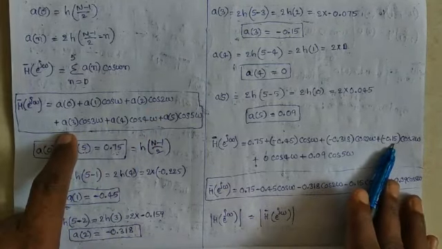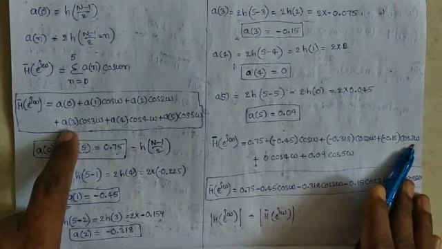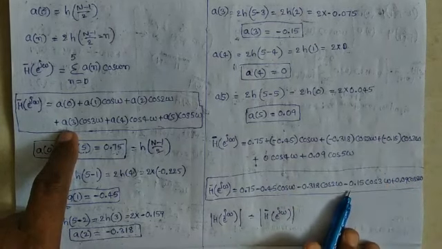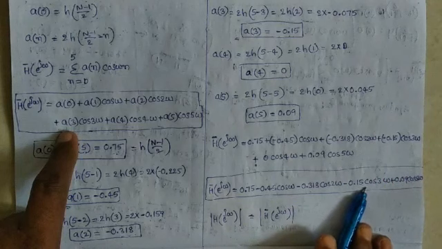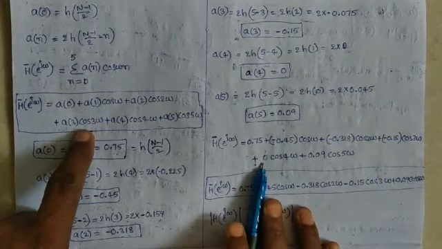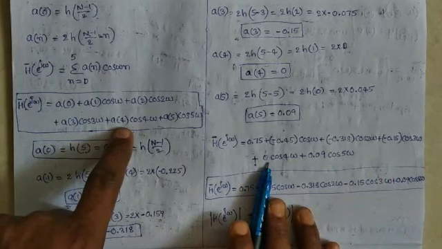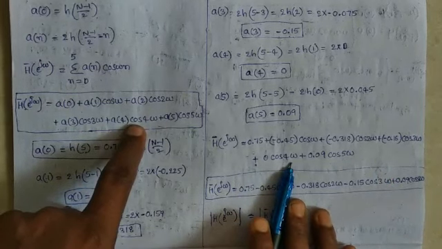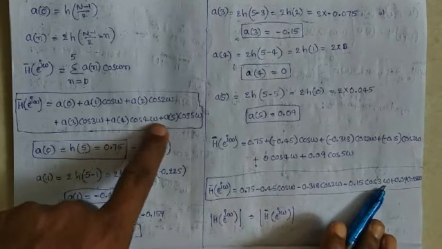Minus 0.15 cos 3 omega, plus a of 4 value is 0. 0 into cos 4 omega is 0, so here I am not writing the 0 value.